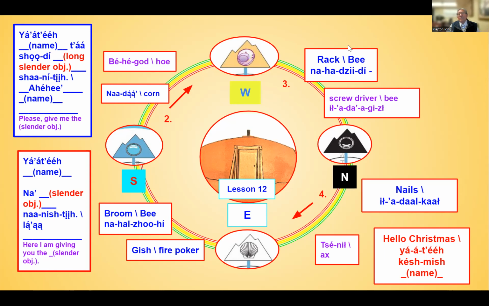And here's the word: Be naha zite. 1, 2, 3, 4, 5 sounds. De is kind of like the noun maker. Oh, thank you very much. We've got to correct that, right?